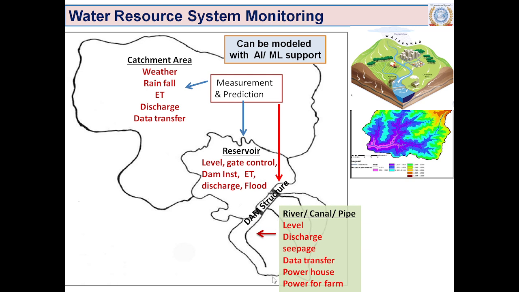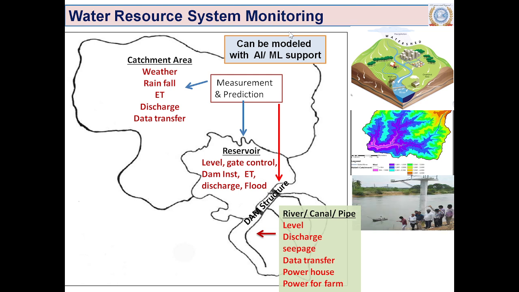If it is a river, for flood mapping, you want to measure discharge. If it is a canal, you are interested in seepage. Then there is how the data is to be transferred, and if there is a powerhouse, then the water to the farm. All these are to be monitored. How much water will be available is predicted with your AI and ML, machine learning concepts.